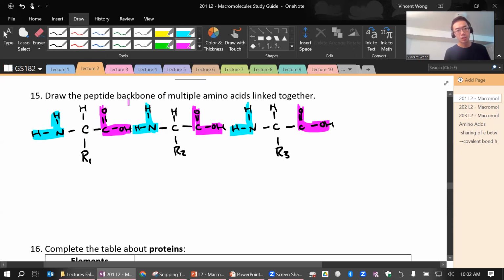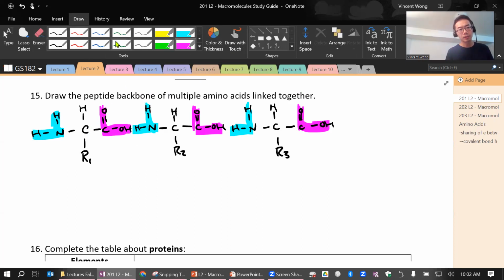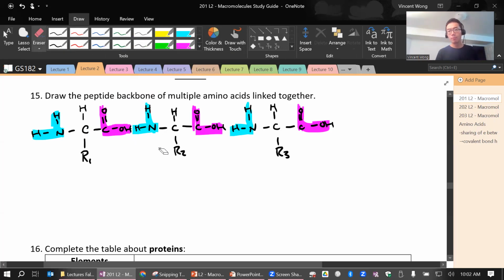So how do I bond them together? You don't have to remember the structure, okay? You don't have to draw anything on the test, but this helps you understand it. Watch, I can remove the OH and the H, and then I connect them. Someone said earlier, I think it was Georgia, that the C and the N is what forms the bond. That's right. Here I remove the OH and the H, and then I form a bond.